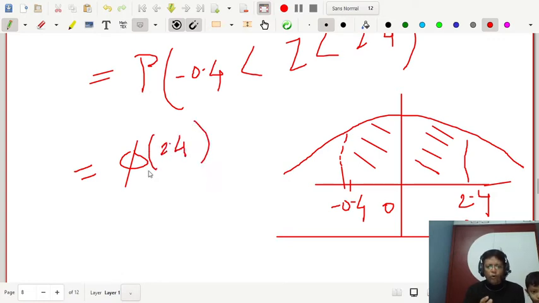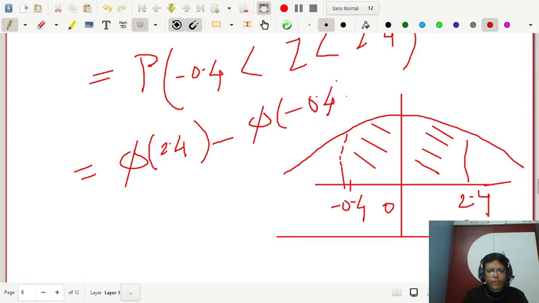Phi 2.4 means the value from minus infinity to 2.4. The region left to the ordinate 2.4, starting from minus infinity to the left of the ordinate 2.4, that is phi 2.4, and minus phi of minus 0.4. Okay, so this is the region. If you subtract this region from the total region, you will get the required region.